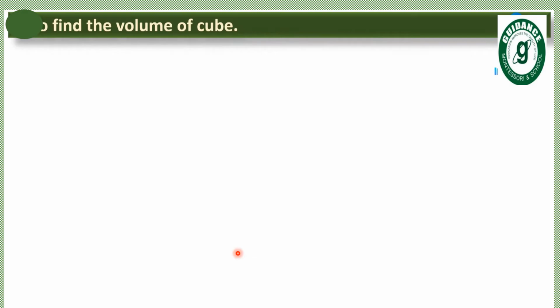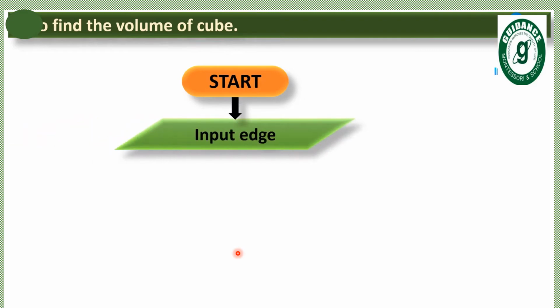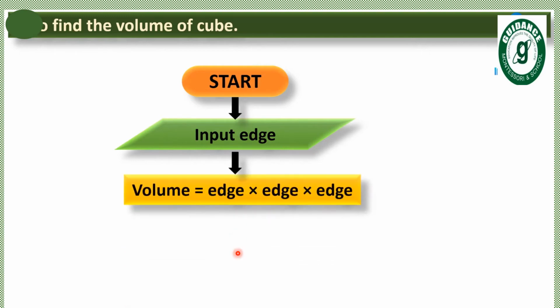Next we have to find the volume of a cube. Again we have to start and then we will be writing the next terminal line and we have to give some input. So we know that to find out the volume, we must know one edge of the cube.